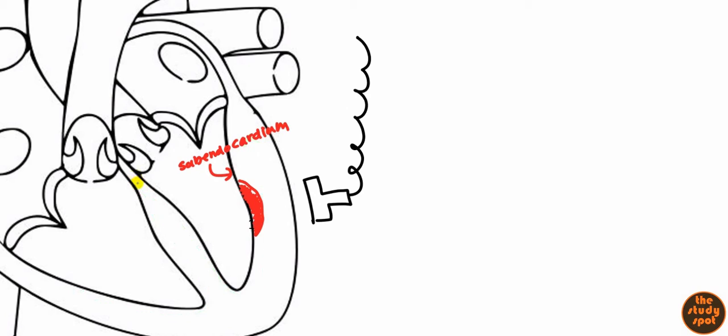As the signal normally comes down the bundle of His and now it's going up the ventricle, once it hits the subendocardial layer, that's where it's ischemic, it then moves rapidly downwards. There are many theories as to why this occurs, but the idea is that when cells break down, the wall is broken down, and so the electrical signal can move much faster.